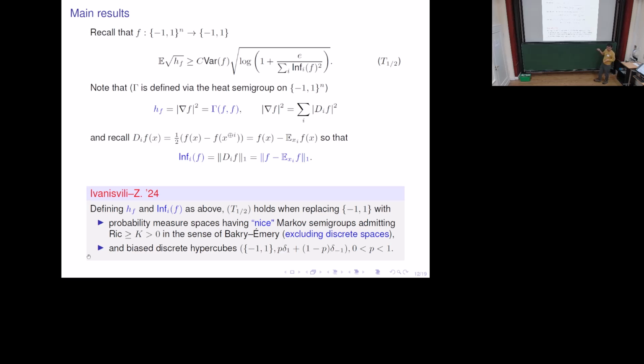We have the result because the proving strategy for the continuous result is there for the discrete hypercubes. The reason is not the Ricci lower bound or gamma 2 stuff. Gamma 2 stuff is only to make the statement clean, which I will explain in the next slide. Okay, any more questions?